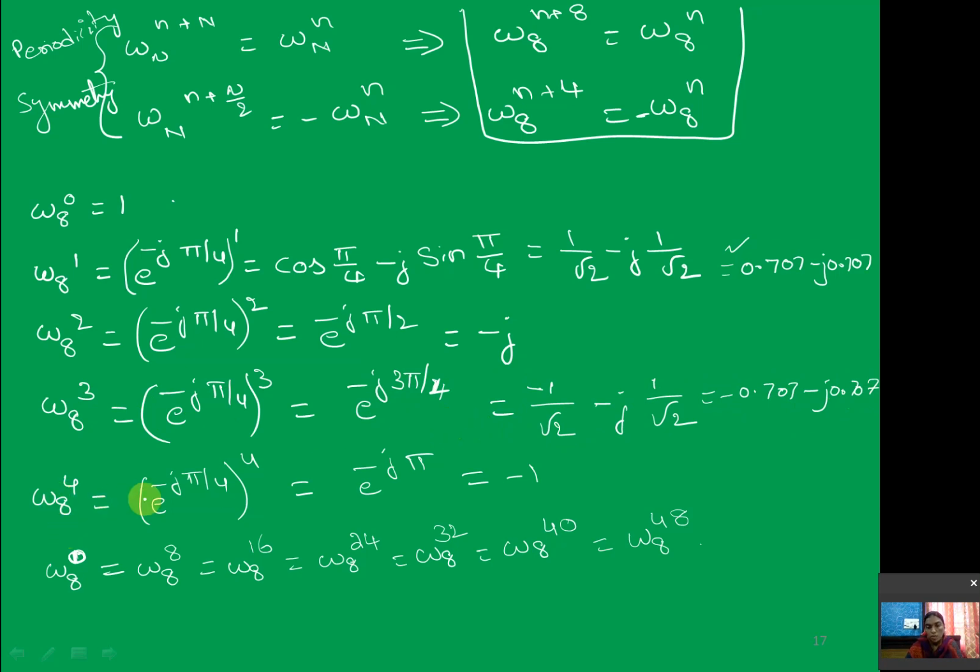W8 power 4, e power minus j pi by 4 whole power 4, means e power minus j pi, that is cos pi minus j sin pi, that means minus 1. So in this way, first determine these 4 values. Okay, right. So later see here.